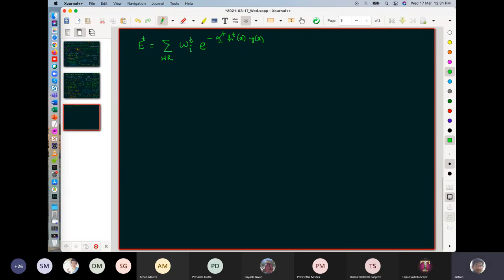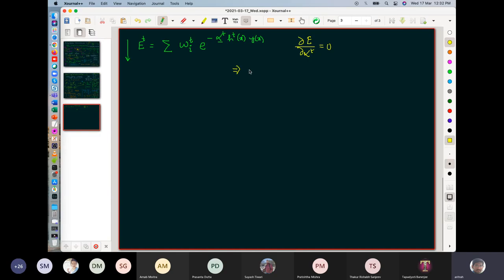Now, in order to choose alpha t so as to minimize the error, you know the mathematical trick: del E by del alpha t should be 0. If you differentiate, over all points, what is the error I am making?